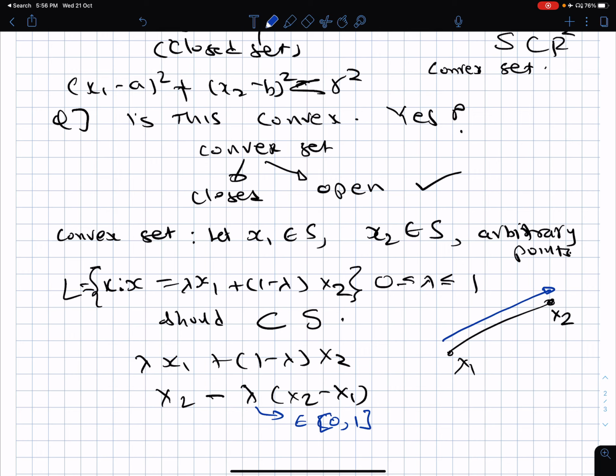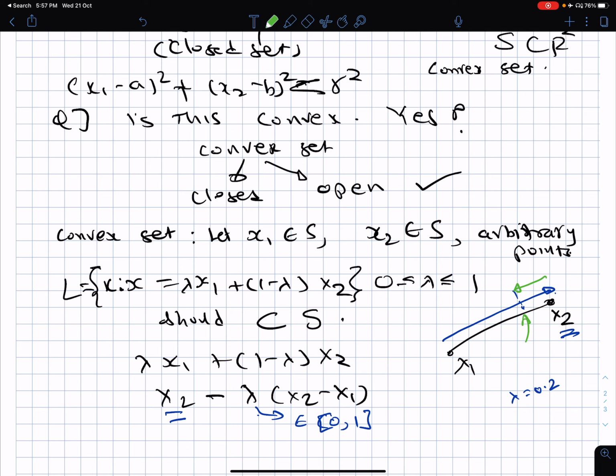So now x2 is the starting point here, so start from x2. Let's say you took lambda as point 2. So you take 1/5 of this and subtract it from x2. So what you are doing is, you are walking back this much here, and now you are looking at this point. So that's why this is a line segment.